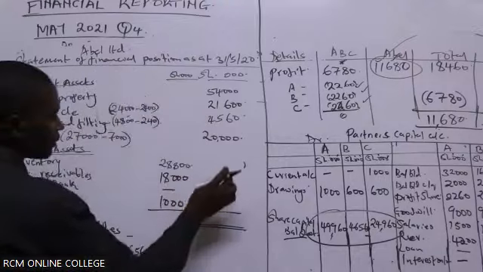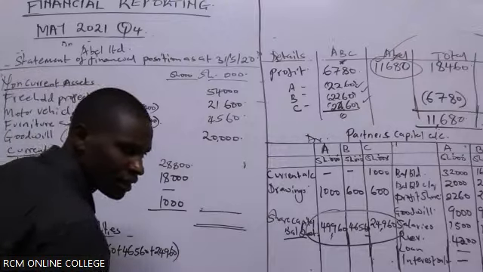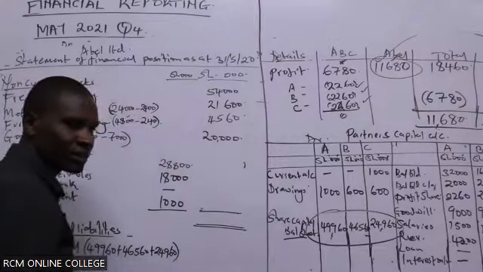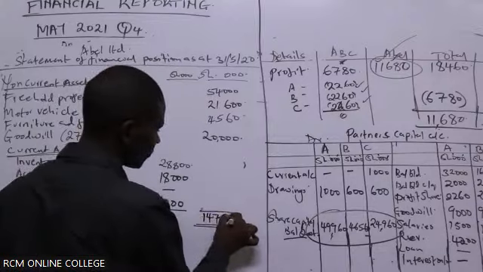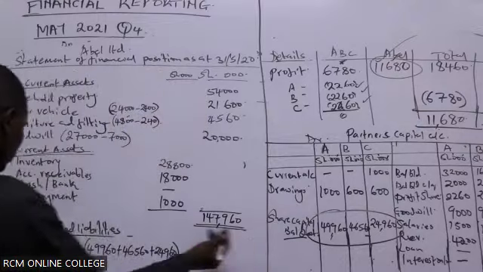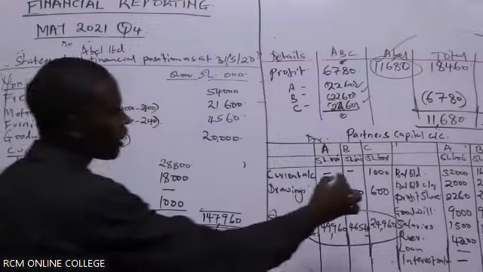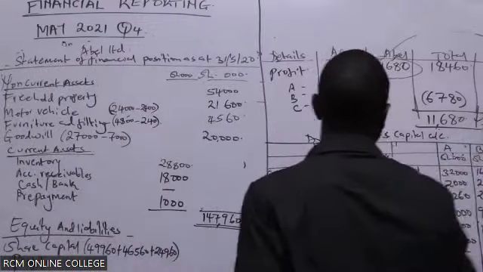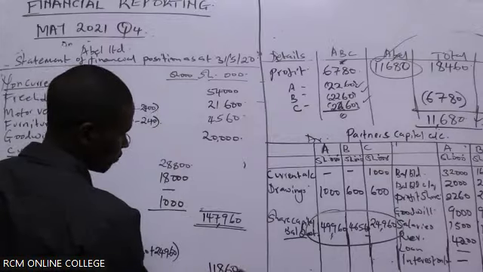No, it will be too much. Maybe it is this: 147,960. I hope it is this one. Then you give me that. Then profit, we had it here. This is what we transfer, 11,860. That is very nice.